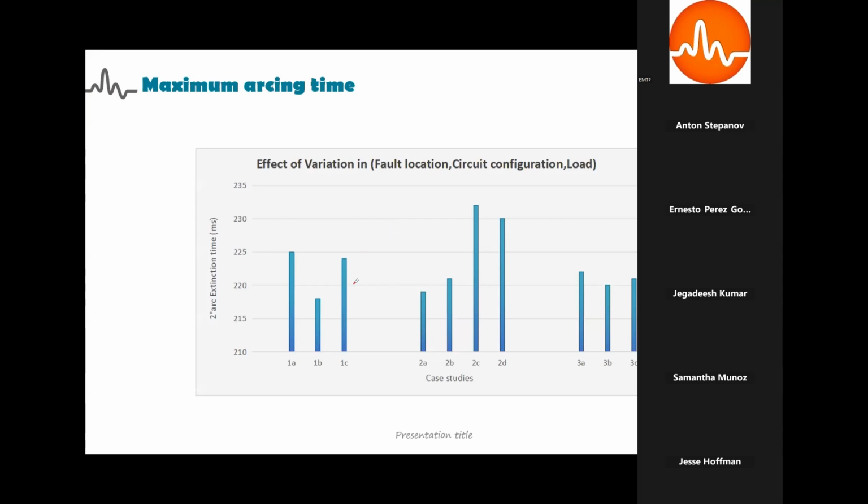We found that the maximum time for quenching of the secondary arc was around 232 milliseconds. This is the result of analysis of network conditions, load changes, and circuit configurations.